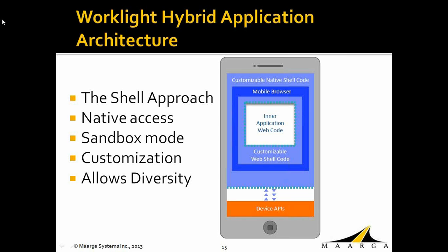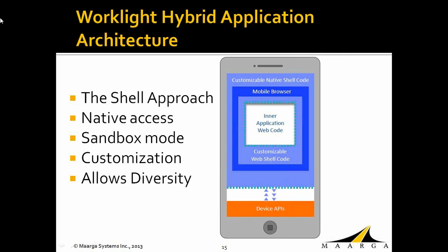The inner application itself contains the actual code, and that's the one that performs the functionality that the application is designed for. Now, based on this approach, you can access native capabilities like the phone, the camera, and other capabilities native to that particular device.